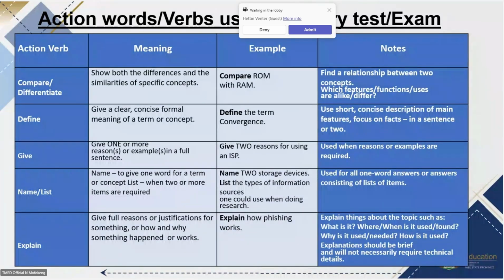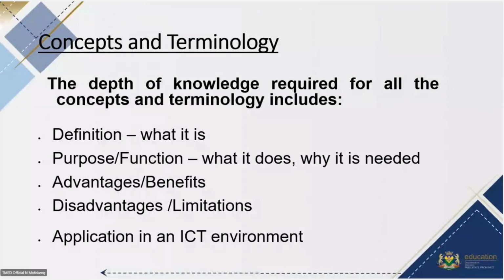Now, these are also found in the examination guideline. So the concepts and terminology in CAT require a depth of knowledge for all the concepts and terminologies, which includes knowing the definition, what is it, the purpose or function of that term, what it does, why it is needed, the advantages or the benefits, the disadvantages or limitations, and also how it is applied in an ICT environment.